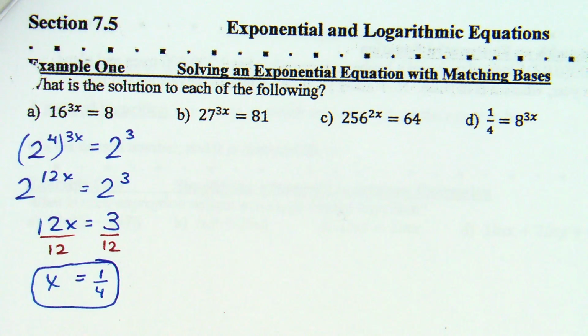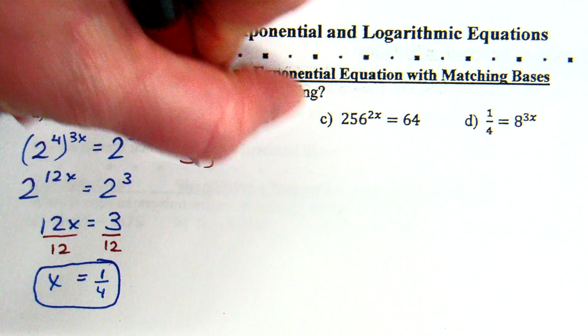Okay, let's try a few more then. B. 27 to the 3x equals 81. Okay. What same base are we getting? They're both going to have 3's, yes? So according to my paper, 27 is what? 3 to the 3rd. So this is 3 to the 3rd raised to the 3x.